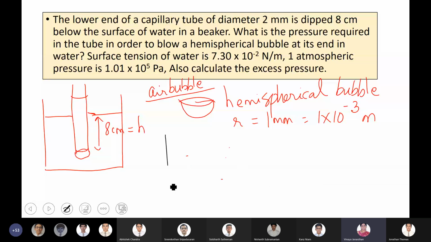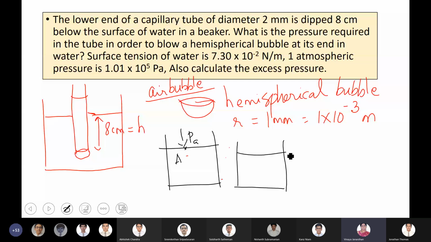Suppose I have a beaker filled with liquid. If I want to find the pressure at point A, the pressure acting at point A will be nothing but the atmospheric pressure, because point A is lying on the surface. If I want to find the pressure of the liquid at point B, which is at a depth h below the surface, then at point B there are two types of pressure acting.